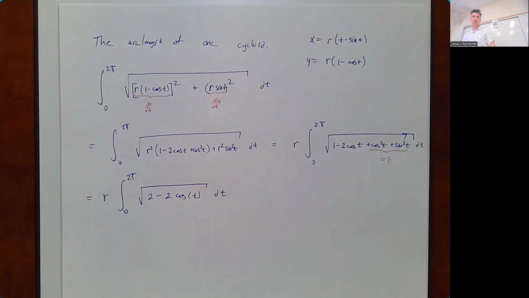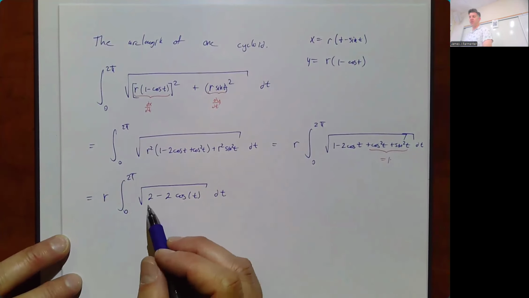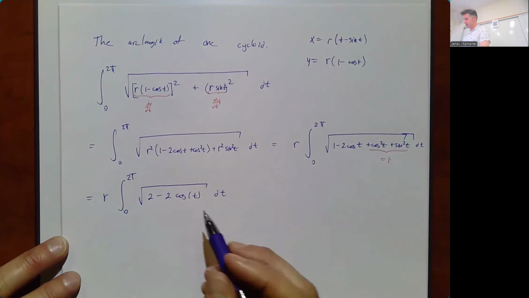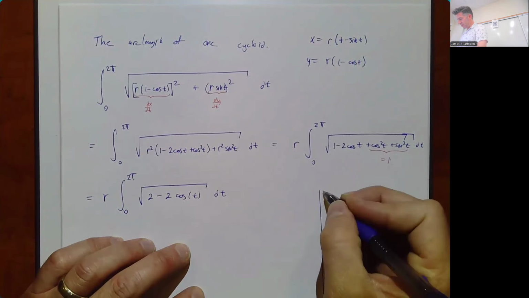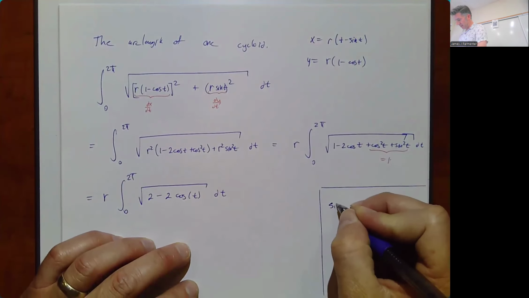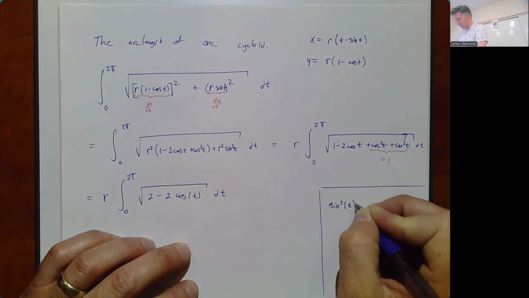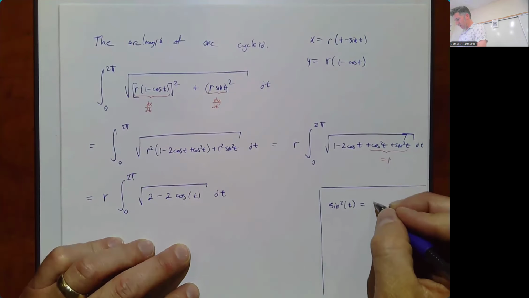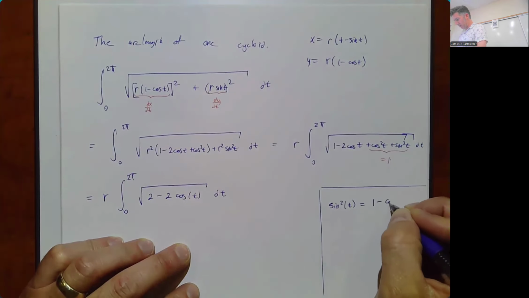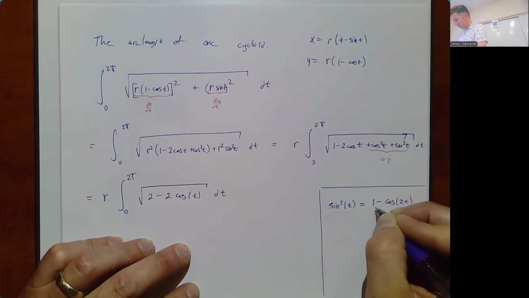So here's what I have noticed over the years. This kind of looks like a trig identity I just talked about. It is true that sine squared of t is equal to 1 minus cosine of 2t over 2.